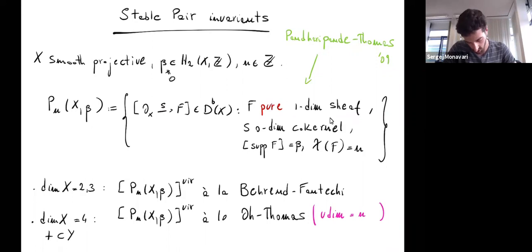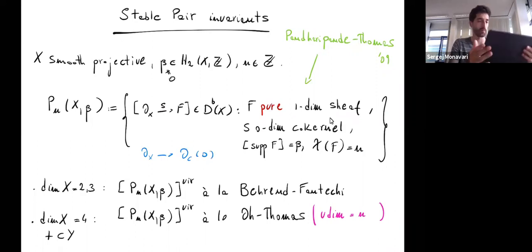If you take any curve C in curve class beta, then you may think of such surjections, O_X to O_C, so it's surjective, with zero-dimensional cokernel, and then you can also twist it by some divisor on the curve. So this is really the prototype that you should keep in mind.